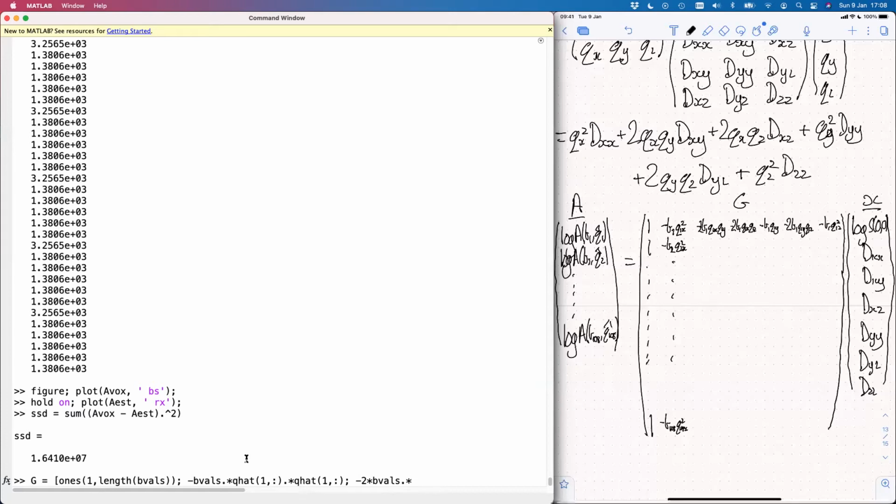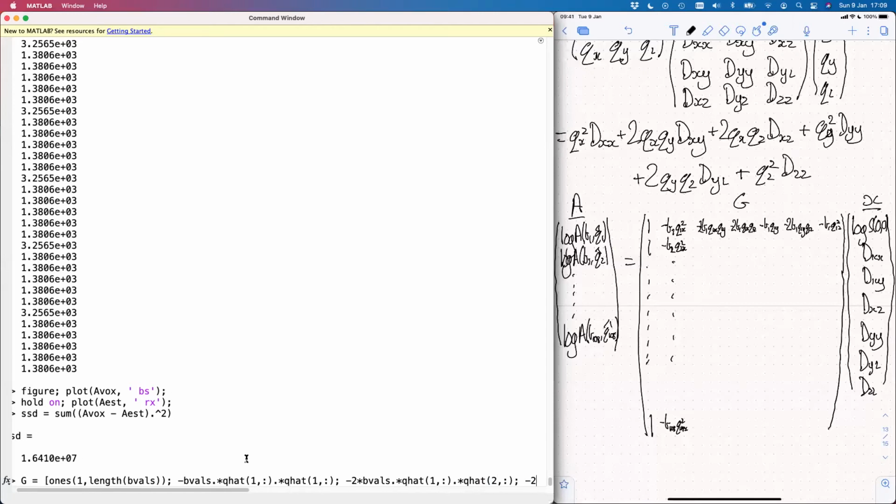Now we want qx, which is this one, times qy, which is the second column of q hat. And we're on to the dxz coefficient.